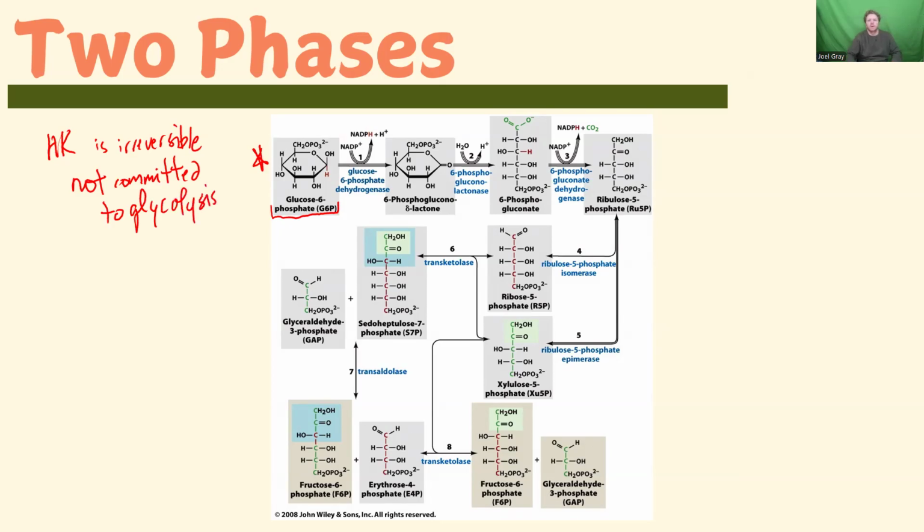Okay, so it's the first irreversible step, but it's not committed to glycolysis. And evidence of that is that glucose 6 phosphate is generated by hexokinase, and this pathway that I'm showing you right here is a different pathway. It is not glycolysis. Okay, so that's the first thing that I want to mention.